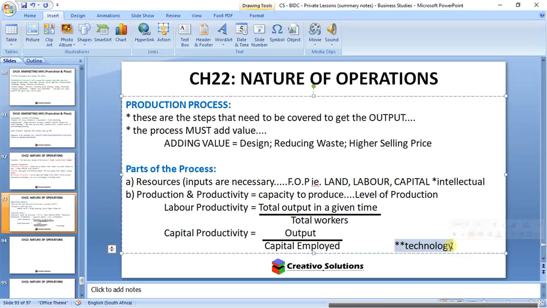Okay, how many hours? So here they give you an example. See, company A, company B, and they look at the labor. So obviously labor productivity. Which company has better workers? Number of workers employed, labor productivity, this company. The second one.